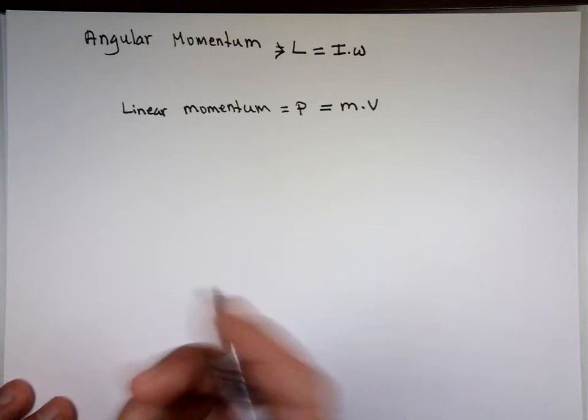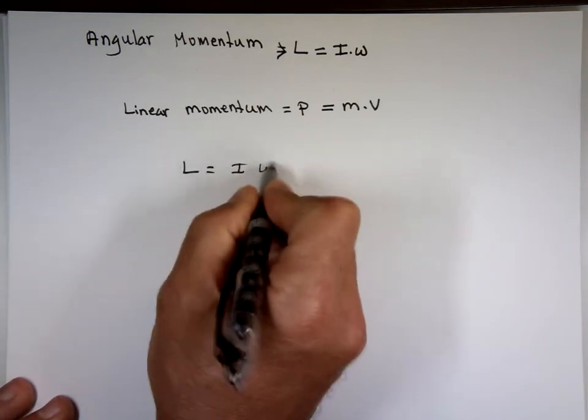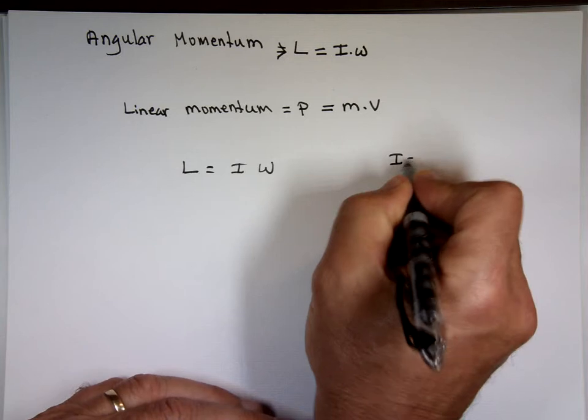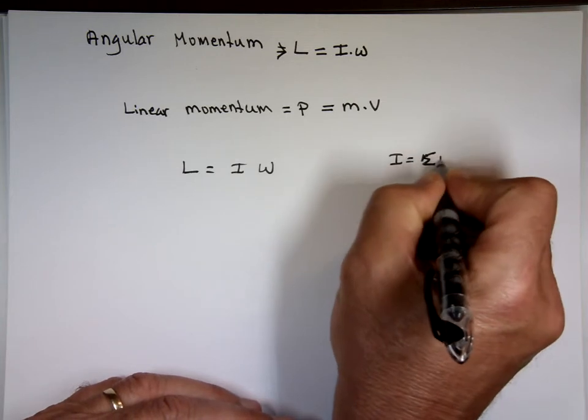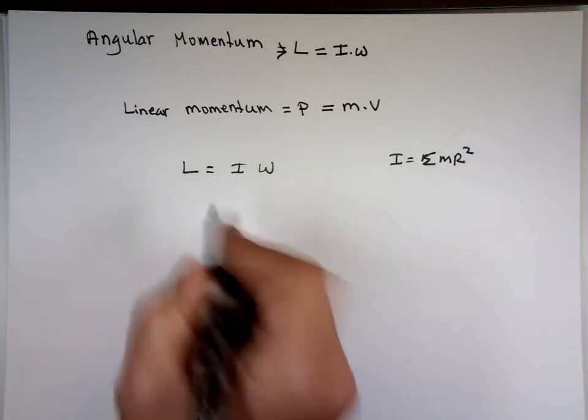So inertia I times W. And inertia, unless you have a specific shape, is the summation of m times r squared. That's the inertia.